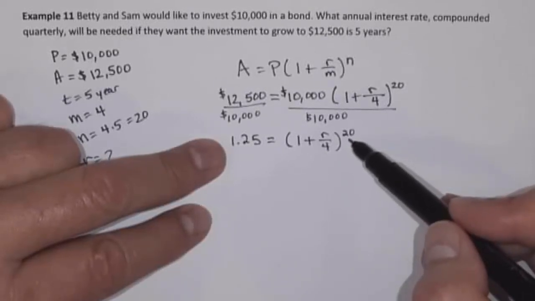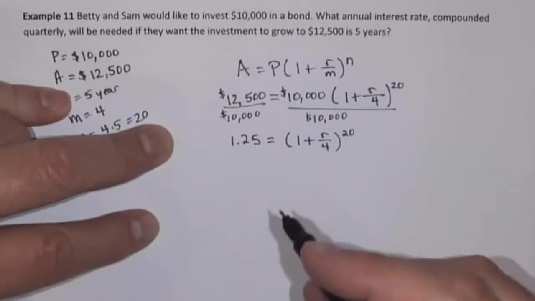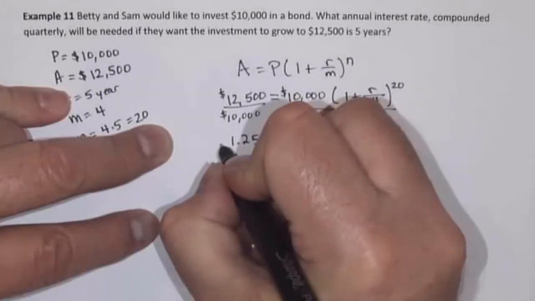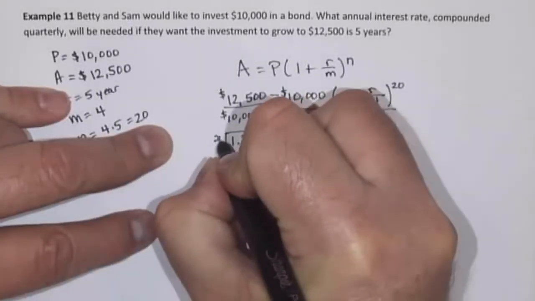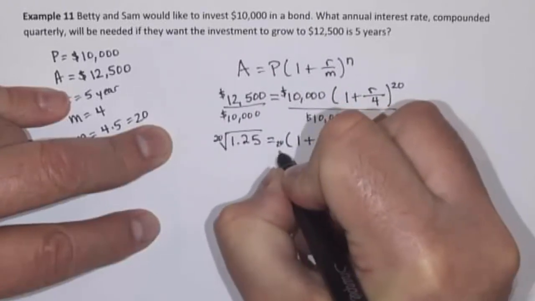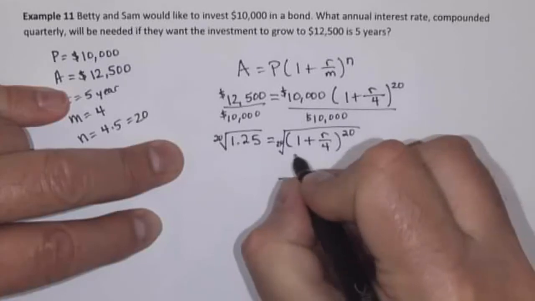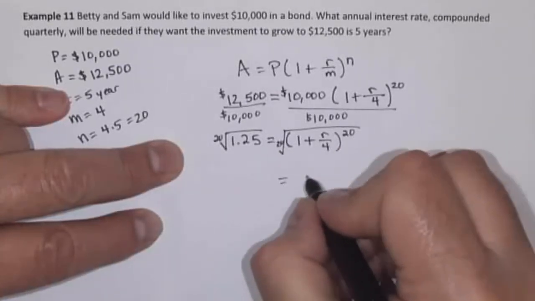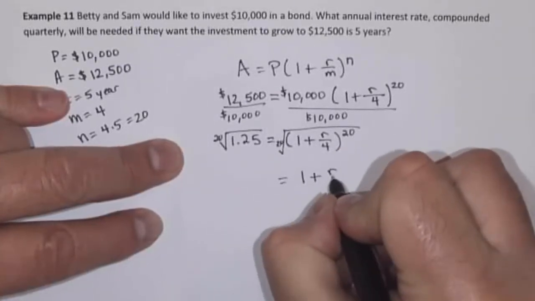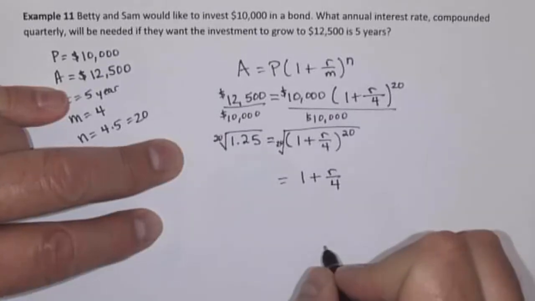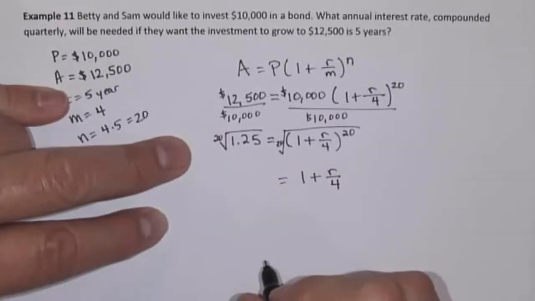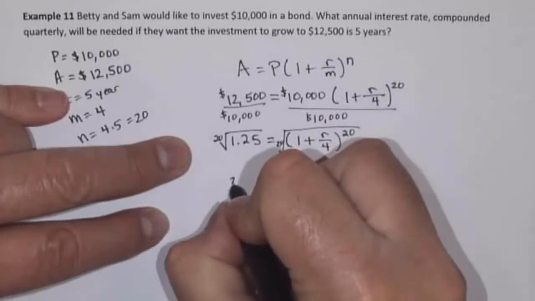So to get rid of that 20, I'm going to have to do the 20th root. So I'm going to take the 20th root of both sides of this equation. So if I do that, the 20th root and the 20th power cancel out. I'm going to have 1 plus R divided by 4 equals the 20th root of 1.25.